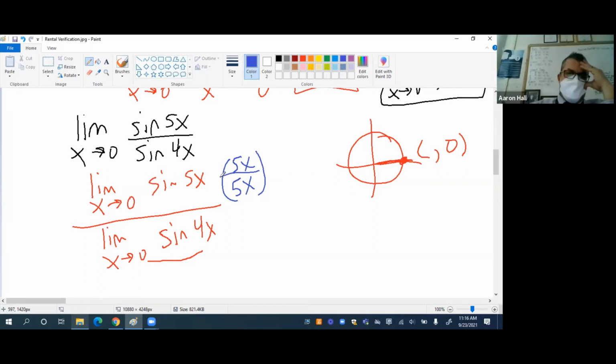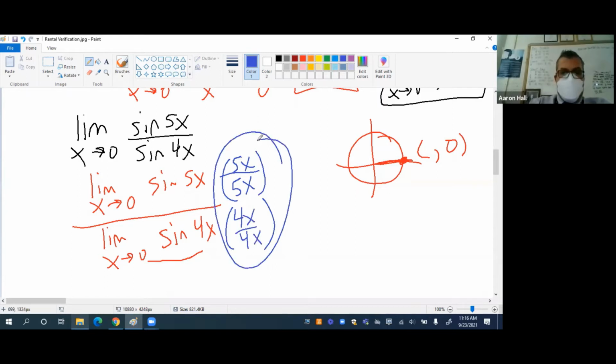You have to do that to both top and bottom. So I'm going to multiply by 1 in the form of 4x over 4x. Does all of this give me 1? This will give me 1 over 1, which is just 1.